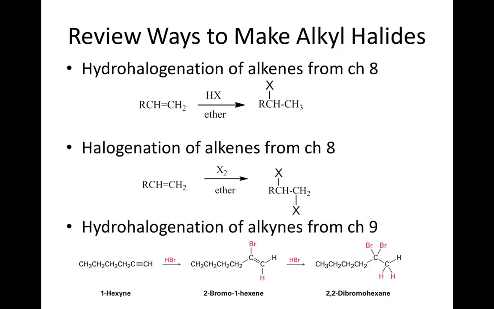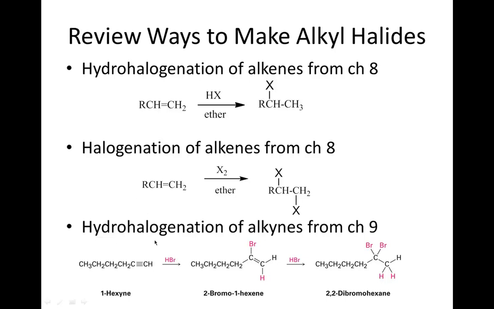Some other things that we've done in the past to make alkyl halides, just by way of review, I mentioned this a little bit and I thought I'd just make sure you remember. We can make alkyl halides from alkenes, and that uses up the double bond. So we did Markovnikov addition and all the rules about that. We also did halogenation, so again we used up the double bond, but we did make two functional groups.